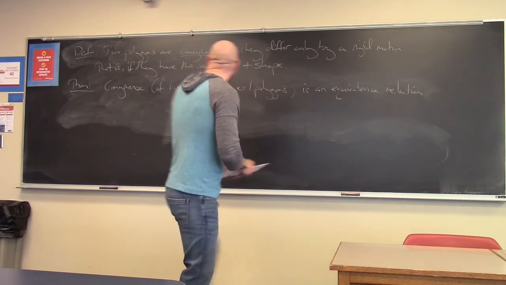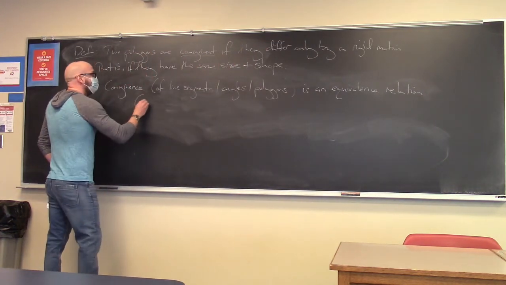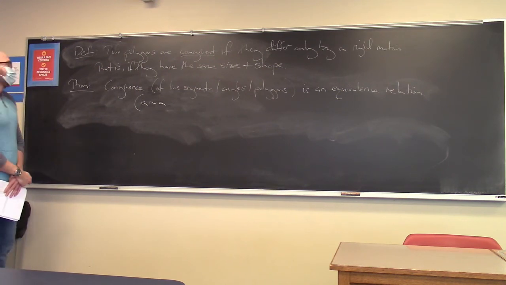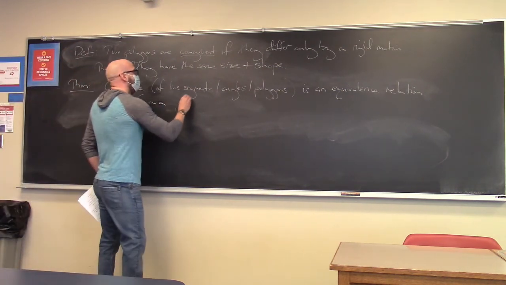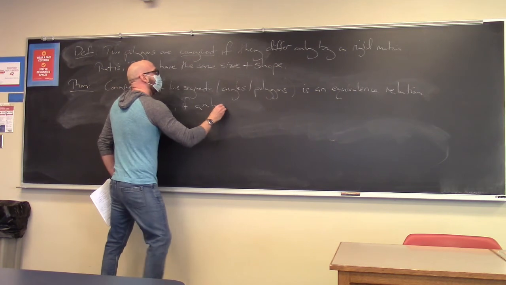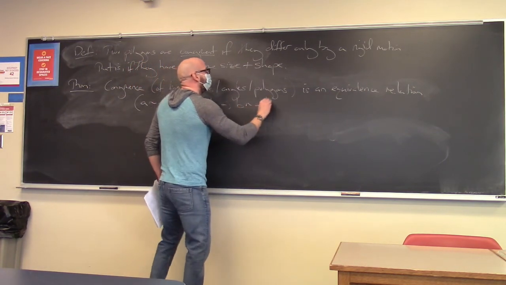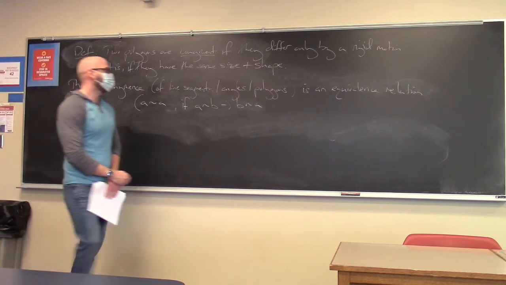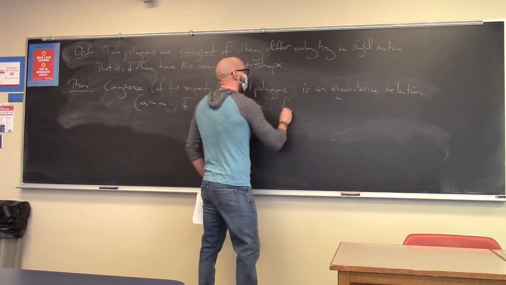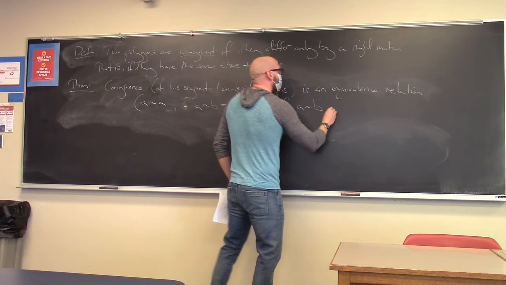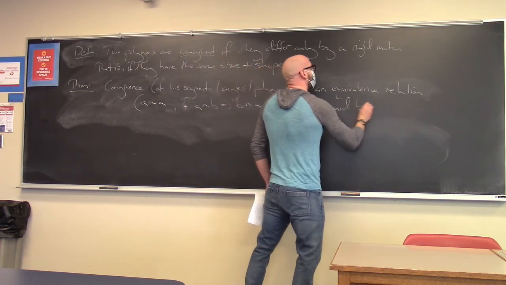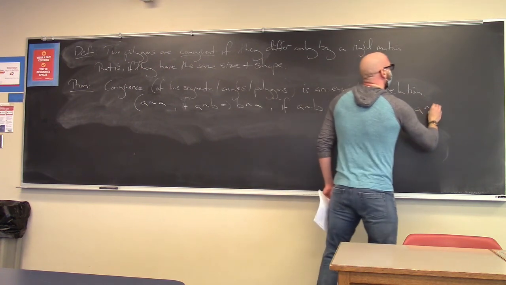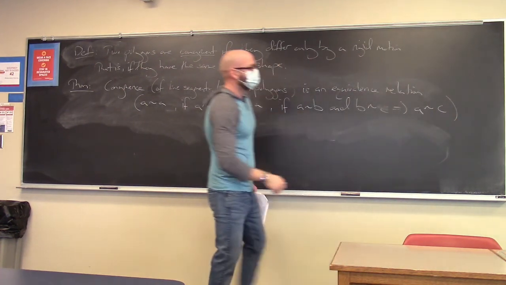Equivalence relations, you have reflexivity. A is related to A. If A is related to B, then B is related to A. There's a similarity or symmetry of the relation. And if A is related to B and B is related to C, then A is related to C. All right, we've got transitivity.